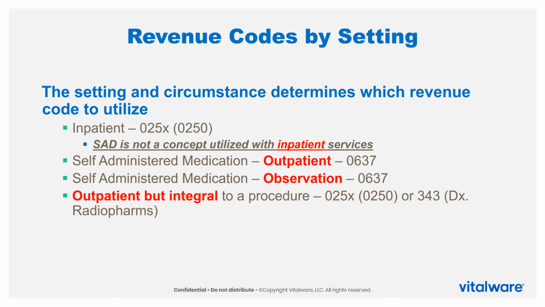You know already that observation is confusing to patients. You're giving them a MOON and all sorts of other things, and this is a whole confusing concept to them. So therefore, this is going to have to be part of that education. And then outpatient but integral, you're going to use the 25X series, meaning it's part and parcel of a bigger procedure. On to the next one, Dusty.